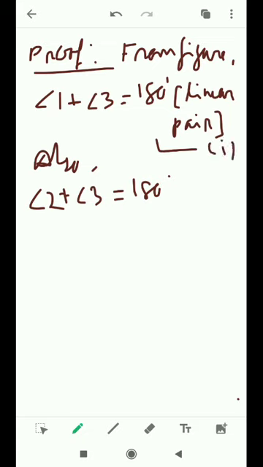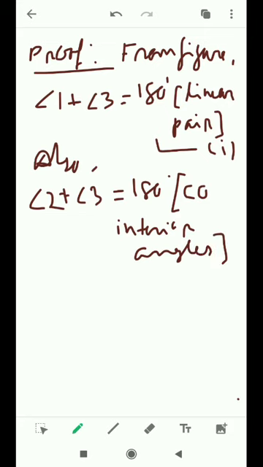Angle 2 plus 3, why 180 degrees? Because they are interior angles on the same side of the transversal. Already it is given that the lines are parallel. So interior angles on the same side of the transversal, we can write co-interior angles. So this one we can mark as number 2.